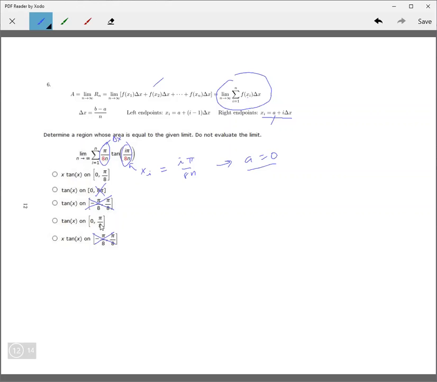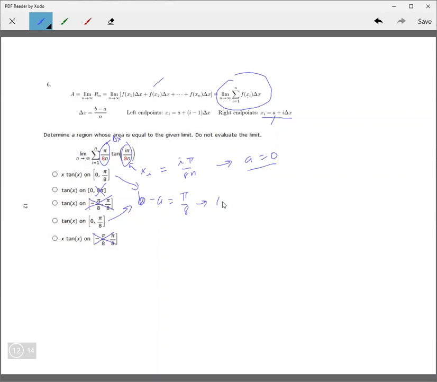So 0 to pi over 8. For each of those, b minus a is pi over 8.